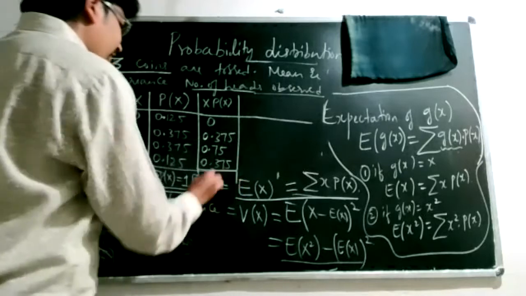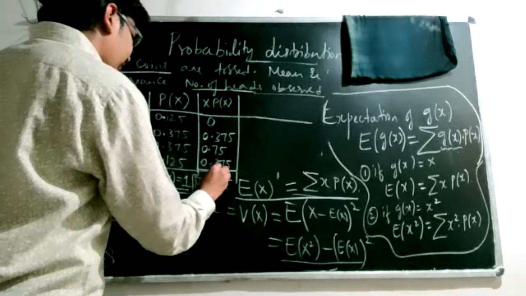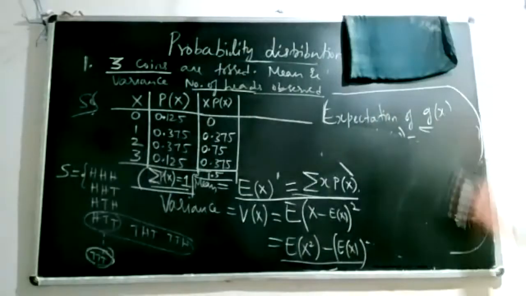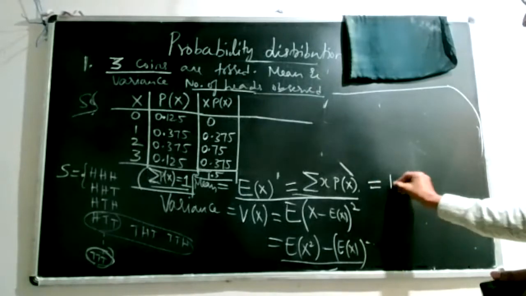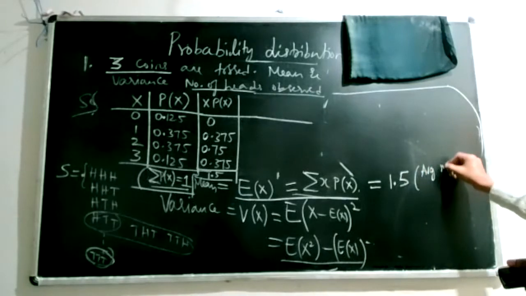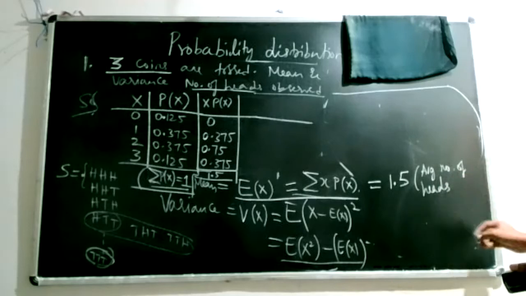So the total of this comes to be 1.5. So we have total of x into px as 1.5. So that is the average number of heads which we could observe when we toss 3 coins.